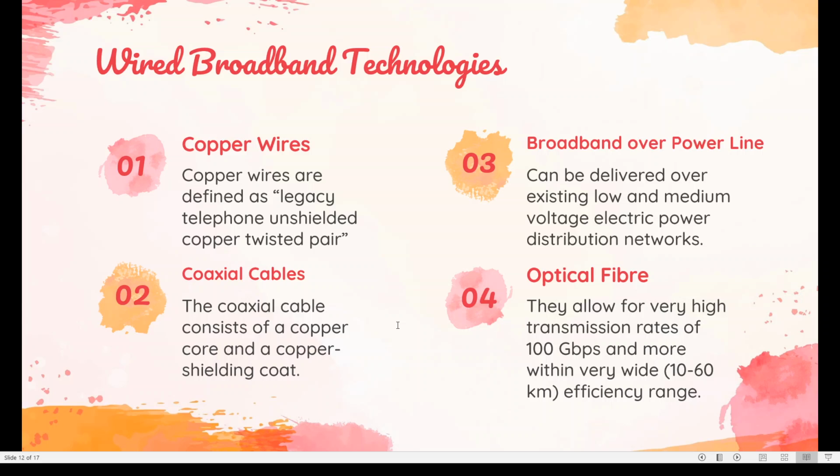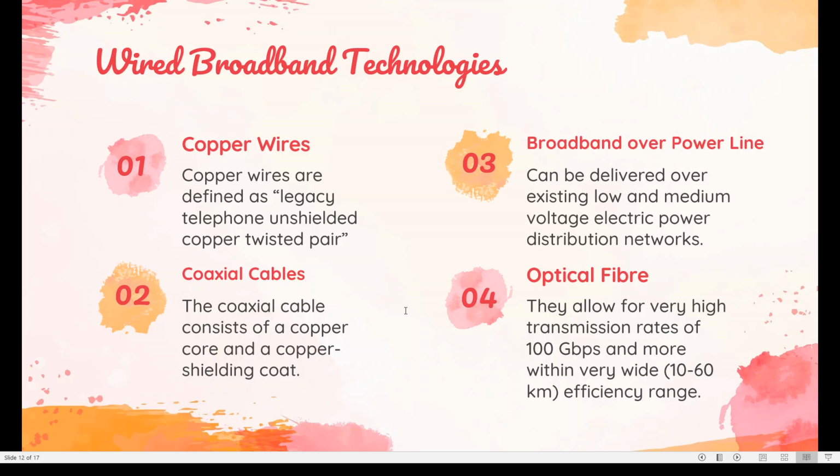Now, let's talk about broadband over power line, which is BPL. This is the case wherein broadband can be delivered over existing low and medium voltage electric power distribution networks. This is comparable to both XDSL and coaxial cables. So the pros here, like the first ones, is that it was not necessary to deploy new infrastructure as existing power lines can be used.